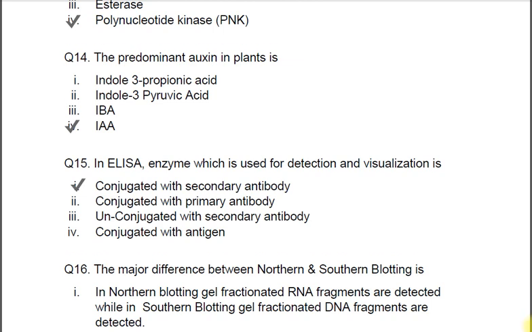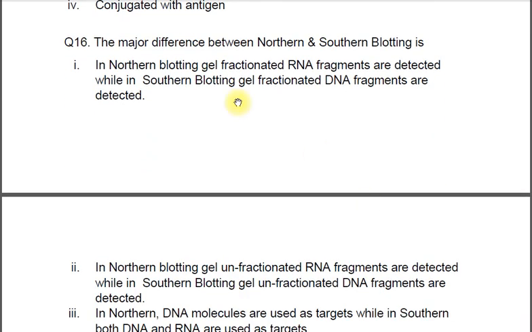The question number 16. The major difference between northern and southern blotting is, option 1: in northern blotting, gel fractionated RNA fragments are detected, while in southern blotting, gel fractionated DNA fragments are detected. Second, in northern blotting, gel fractionated RNA fragments are detected, while in southern blotting, gel unfractionated DNA fragments are detected.